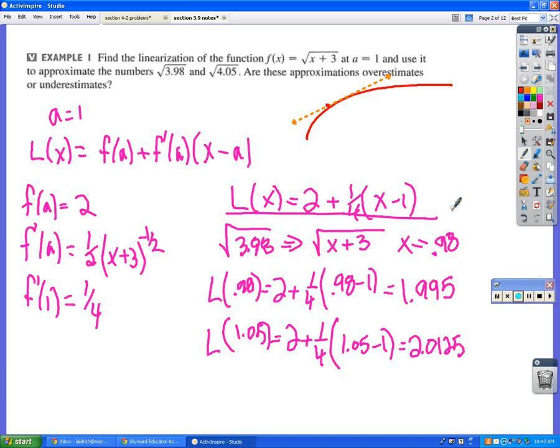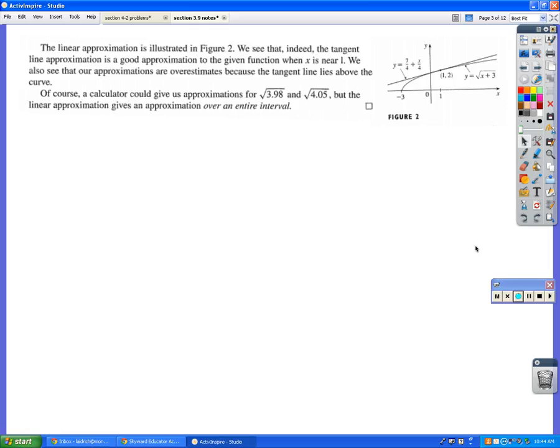And this one is also going to be an overestimate because, again, my tangent line is above the graph. The linear approximation is illustrated in figure 2.